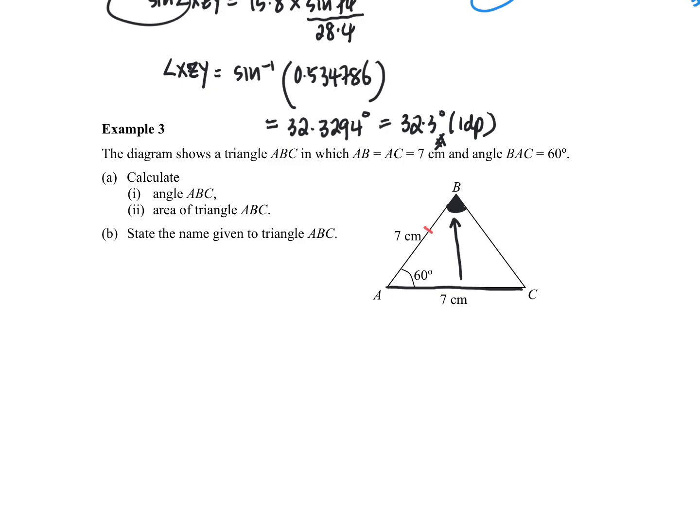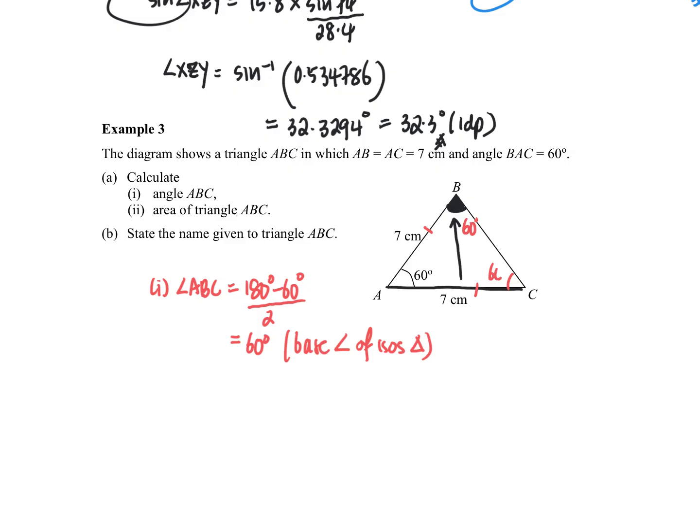But Fikri is not wrong, because if you go and find angle ABC, you use 180 minus the 60 and then you divide by 2. You realize it is also 60. This is the base angle of an isosceles triangle. So this is 60.